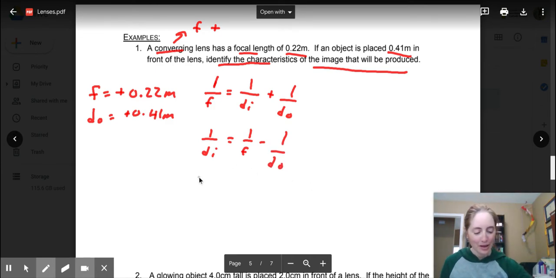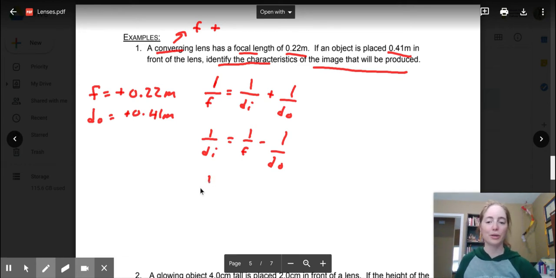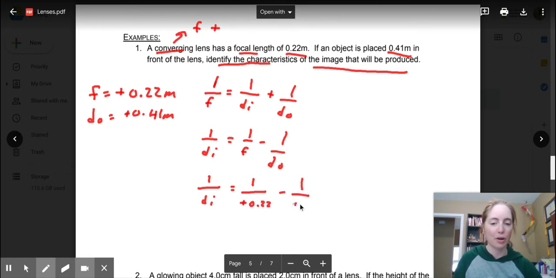I'm now going to put my numbers into my equation. So 1 over, I take my value of F, which is positive 0.22, and I'm going to subtract from that 1 over my positive 0.41.